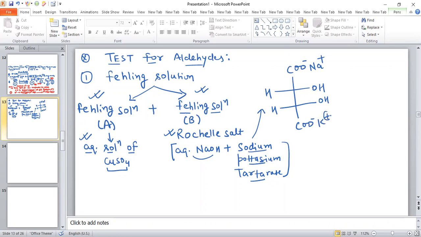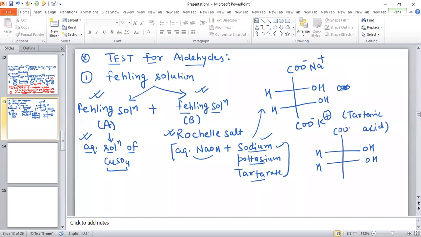This is basically the structure of sodium potassium tartrate, because tartaric acid is like this Fischer projection with H, OH, again H and OH, and COOH groups on both ends. So this is basically tartaric acid. This is all about Fehling's solution.